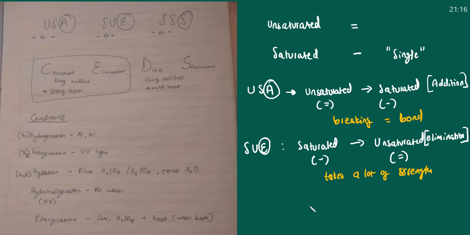That's not easy, good people, because if you are doing that, this means you are forming a double bond. You must know that elimination is the reverse of addition. In addition, you break the bond. In elimination, you form the bond. So these are reverse operations.